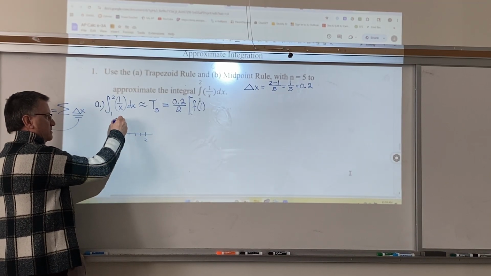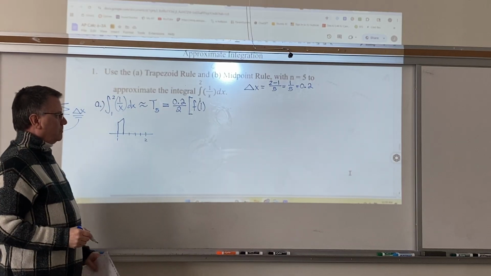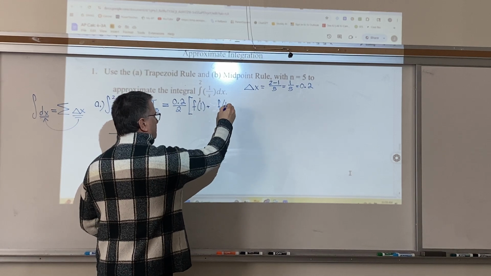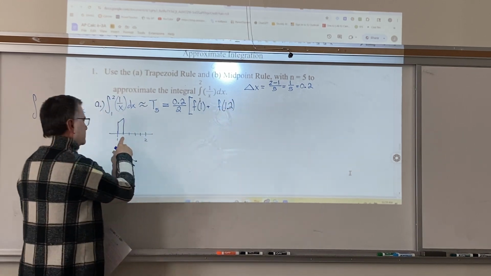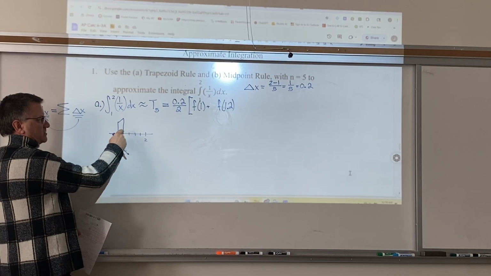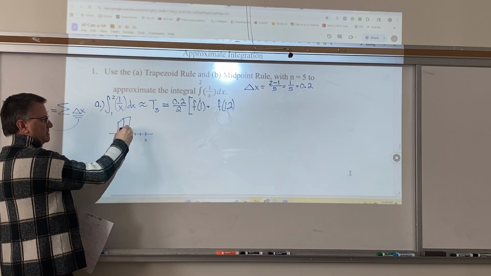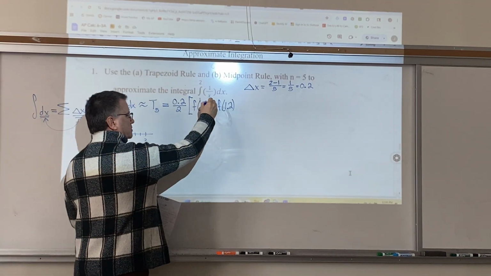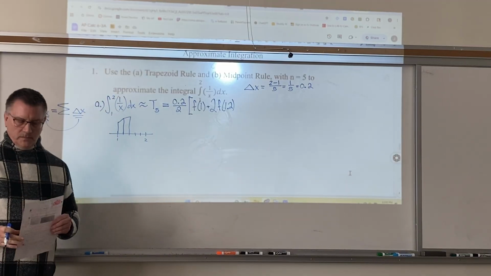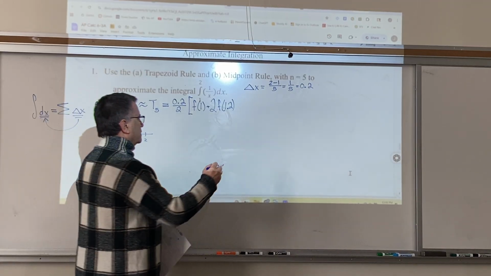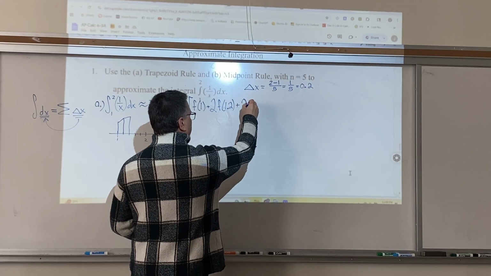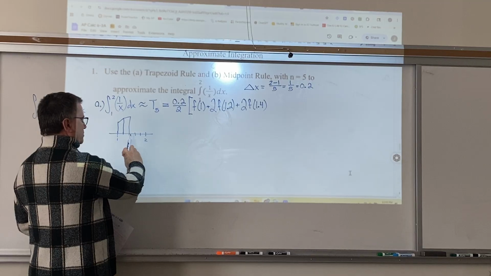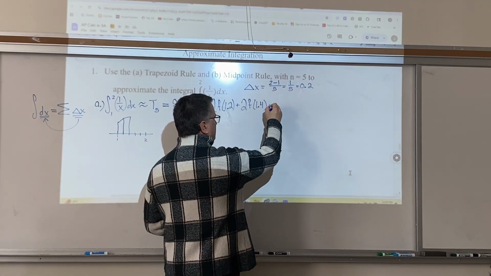The first one I plug in is 1. Then I plug in the next x, which is 1.2, but I have to do that twice because it's this side of the trapezoid and this side of the trapezoid. So I'm using that piece twice, so I multiply by 2. Then 2 times the next one, 1.4, and the next one, 1.6.